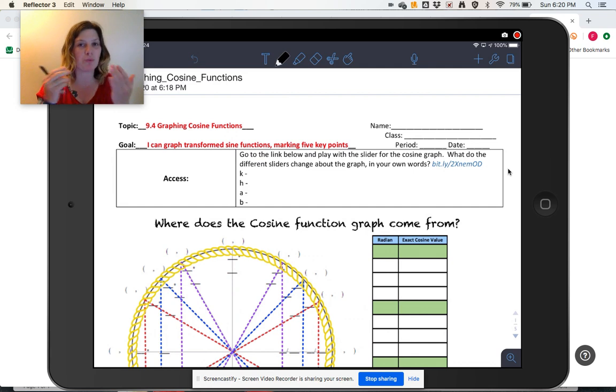So next year in pre-calc or in other classes you're going to be in good shape.